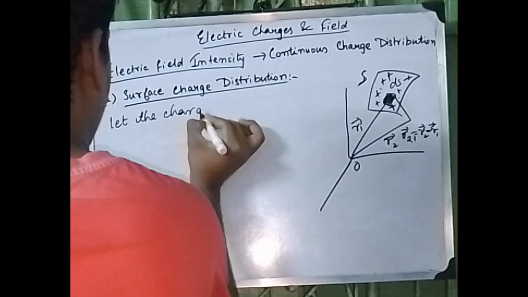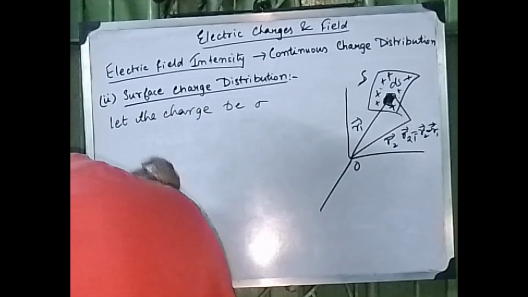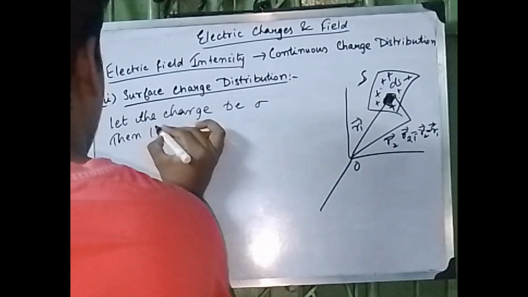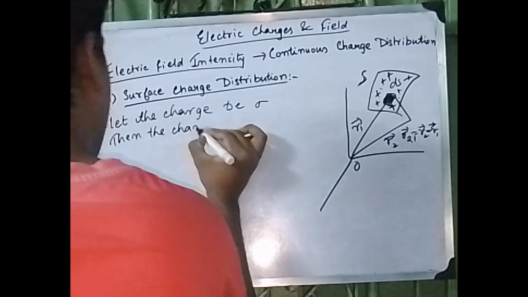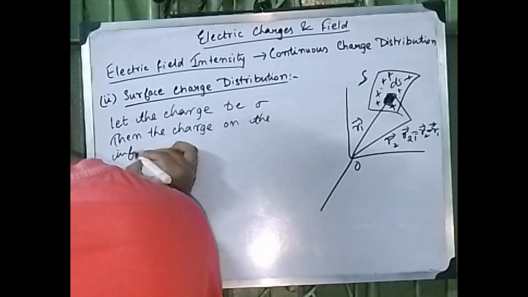Let there be a continuous charge distribution over a surface with surface charge density, charge by surface area, sigma. Then the charge on that small element will be given as dq equals sigma ds.